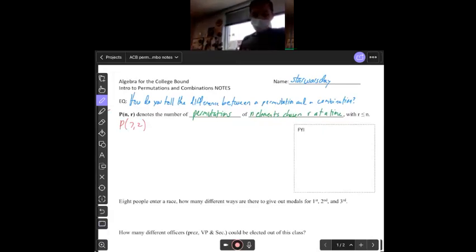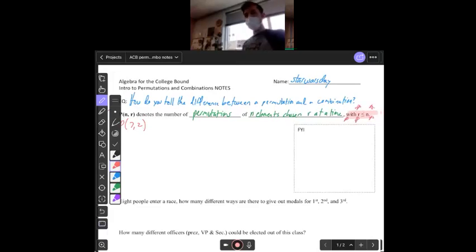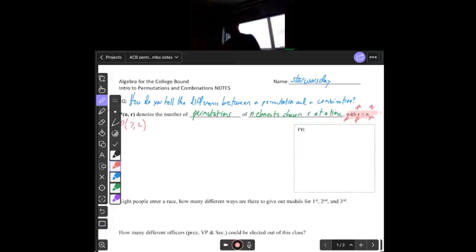With this notation, we also have this thing at the very end where R has to be less than or equal to N. Oftentimes in these problems, there's only 2 numbers, so it's really, can I understand which one's R and which one's N? We know R must always be less than or equal to N. If I've got 5 students and I want to choose a group of 3, that makes sense.